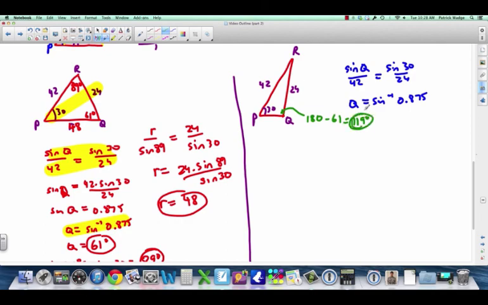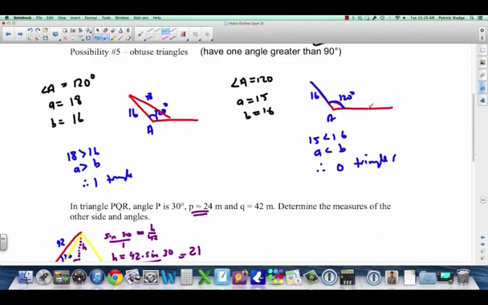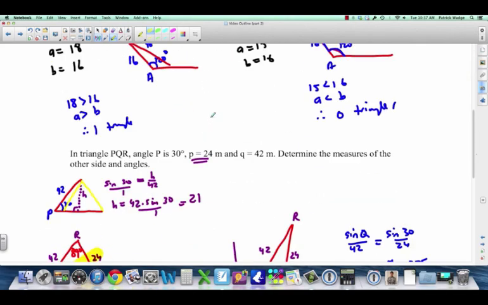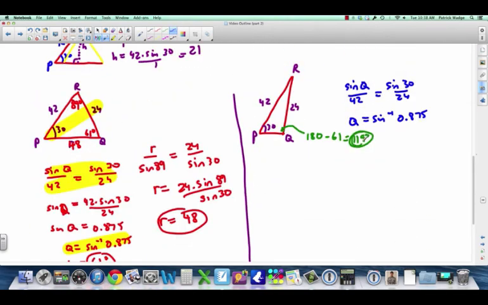Maybe what I'll do is I'll go back up here, and I'm going to name this angle B1, I'm going to name this angle B2, and I'm going to say that B2 is equal to 180 minus B1. Okay, now that we know the 119 degrees, we can finish this off pretty quick.